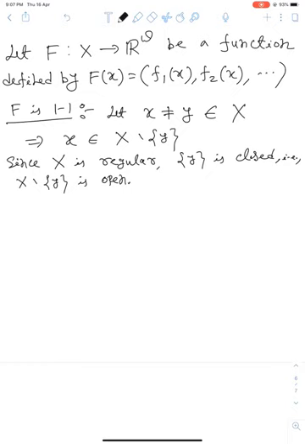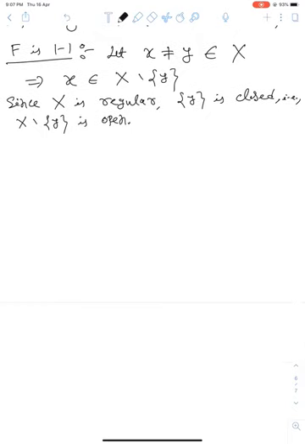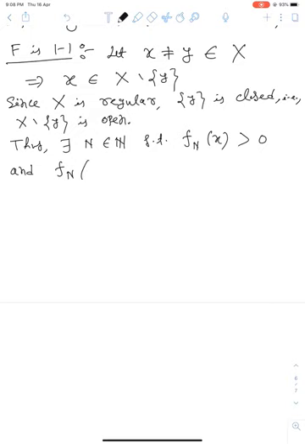Now by our required condition, that is the previous claim, there exists a natural number n such that f_n(x) is bigger than 0, and f_n of X minus U is the singleton 0.